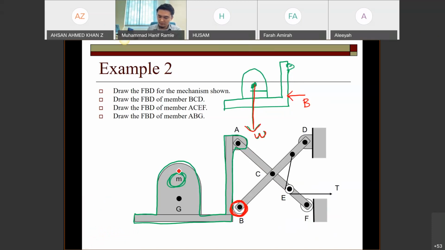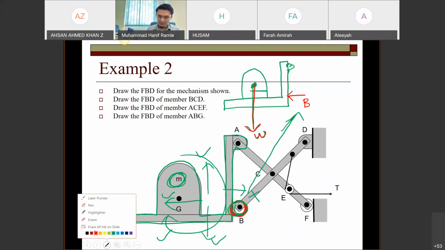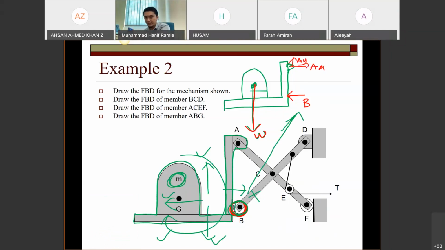This body, this green color, can go up, can go down, can go left, can rotate, but cannot go right, because of the roller. So we have a reaction here. And the last one is at point A, which has the two reactions Ax and Ay. This is your FBD.